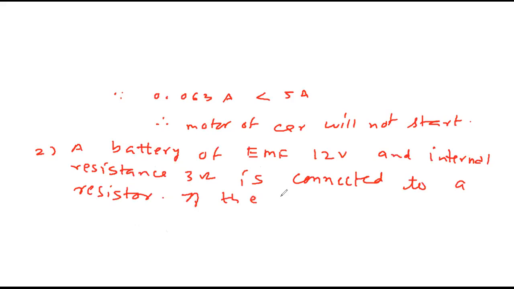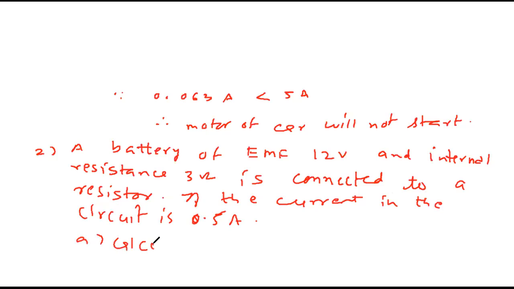If the current in the circuit is 0.5 ampere, calculate the resistance of the resistor.